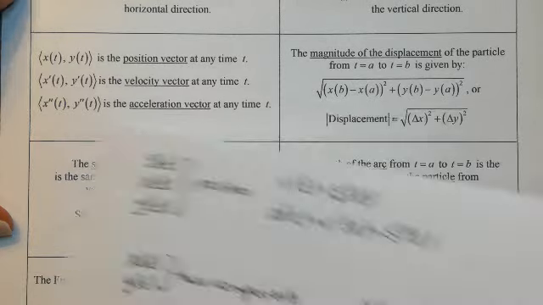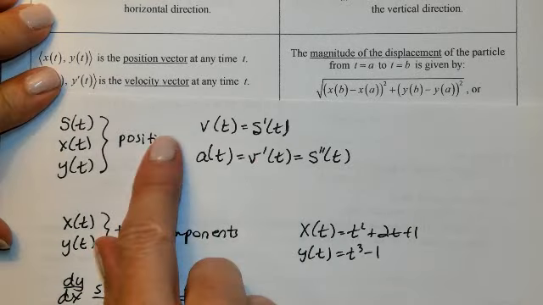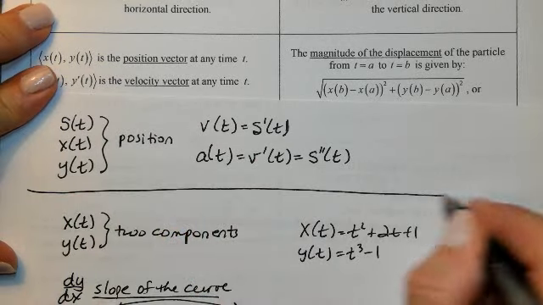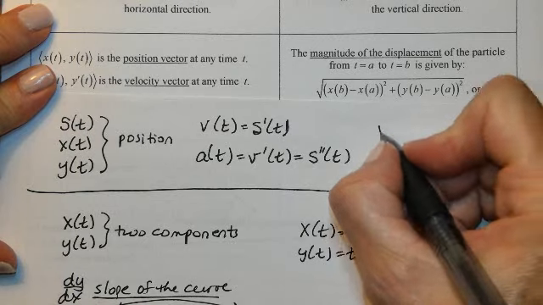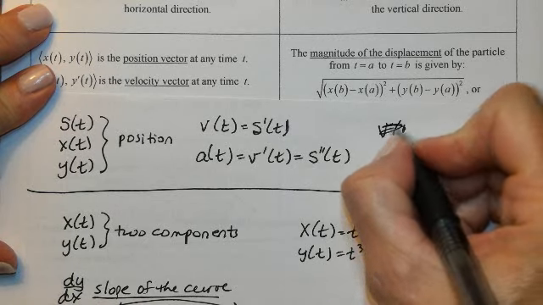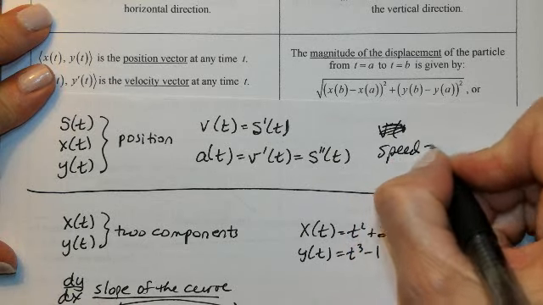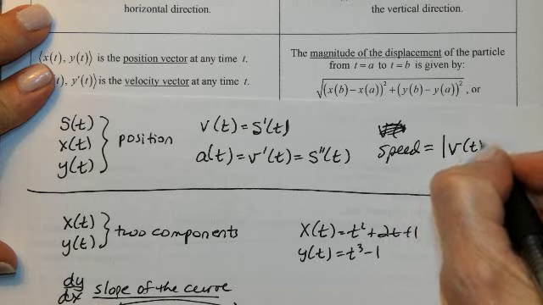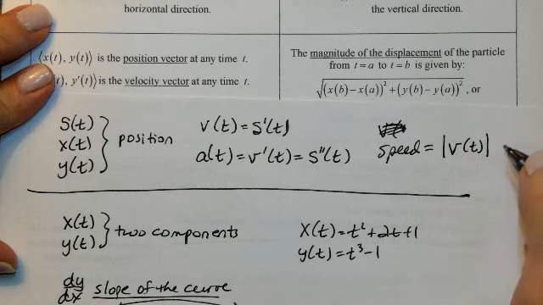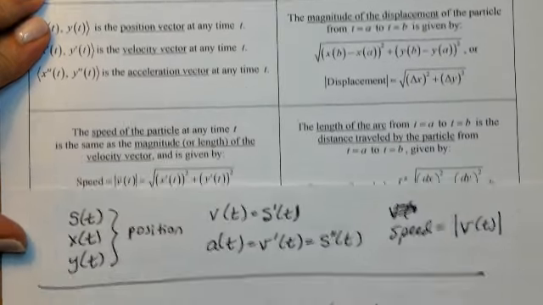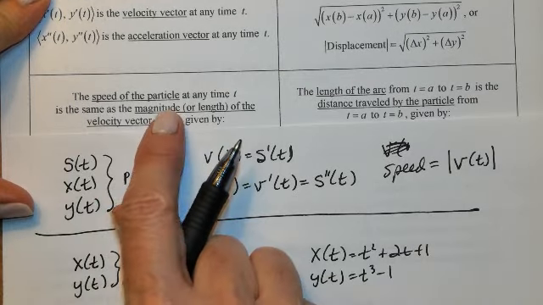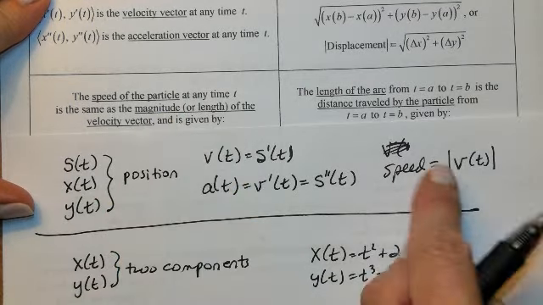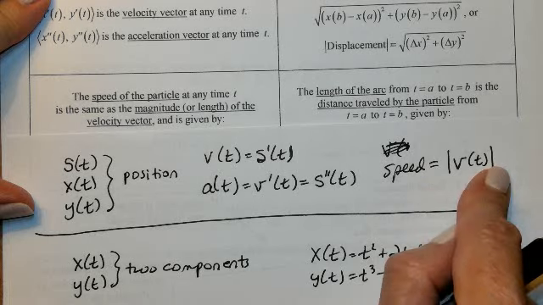Back when we did horizontal and vertical motion, the speed was the absolute value of the velocity. It was always the absolute value, okay? Interestingly enough, the notation for magnitude is absolute values.